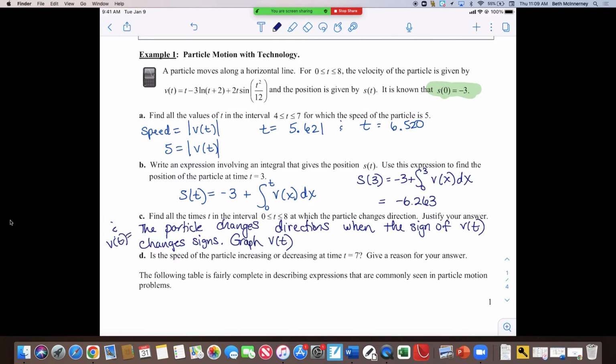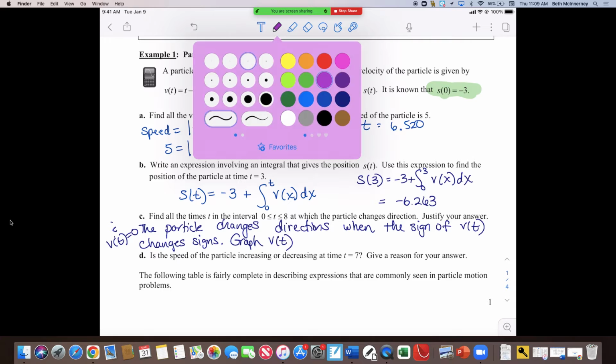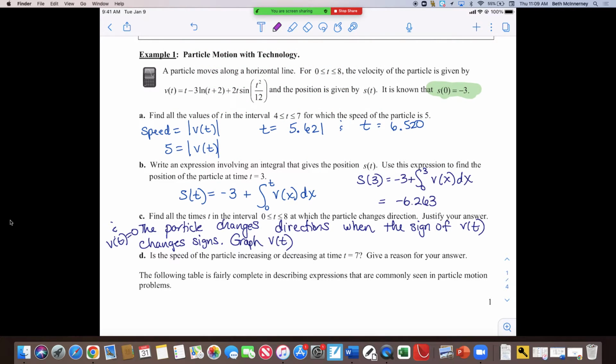It's where v of t equals 0 and the particle is going to change direction. So you're going to go find where v of t hits 0 and changes signs. I'm getting t equals 2.341 and t equals 6.127.